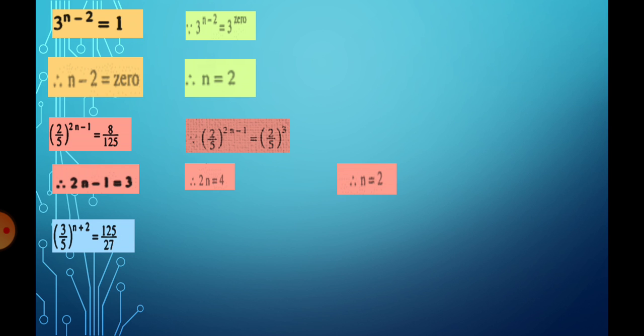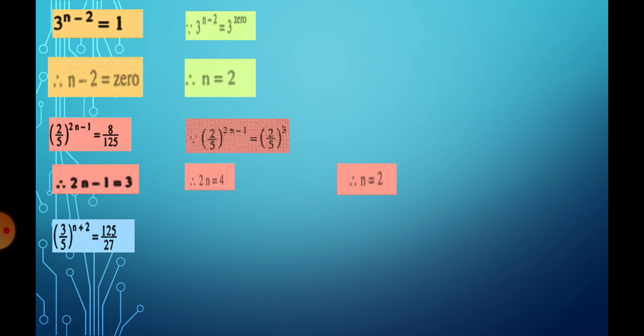Another example. 3 over 5 to the power n plus 2 equals 125 over 27. 125 over 27 means 5 over 3 to the power 3. But on the left hand side, the base equals 3 over 5, and on the right, the base equals 5 over 3. We must change 5 over 3 to be 3 over 5.